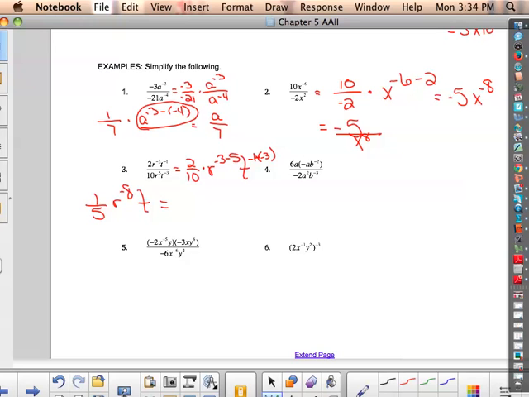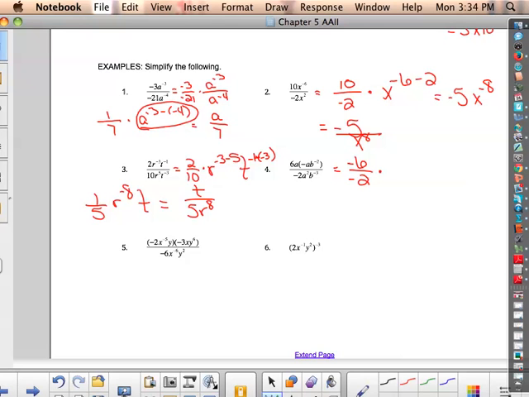I don't want negative exponents again, so I'm going to rewrite that as t over 5r to the 8th.